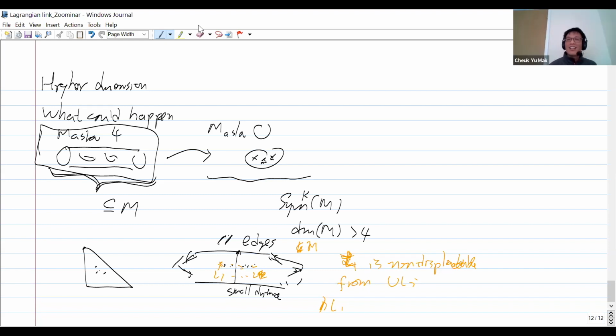Right. I think everyone has their own take on what rigidity question they want to ask. One could ask not necessarily about Lagrangians, but about some Hamiltonian objects.